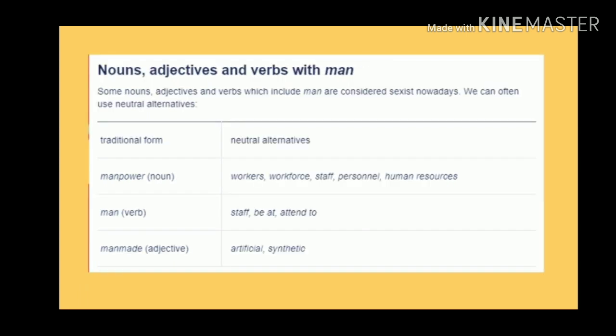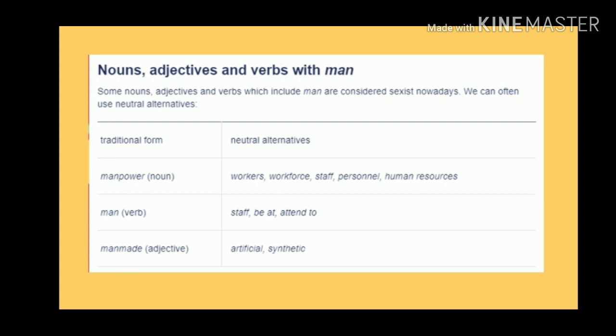In English, we have some nouns, adjectives, and verbs with the word man. Now, the nouns, adjectives, and verbs that use the word man are considered sexist language, so we can avoid the use of that traditional form by using the neutral alternatives that we have nowadays, like the noun manpower.